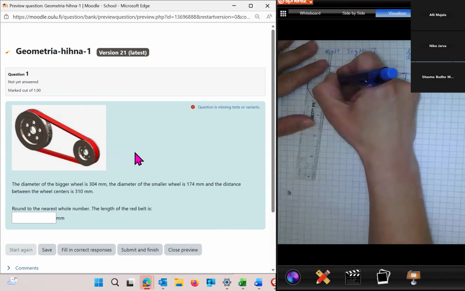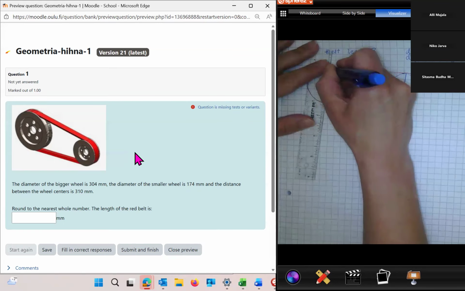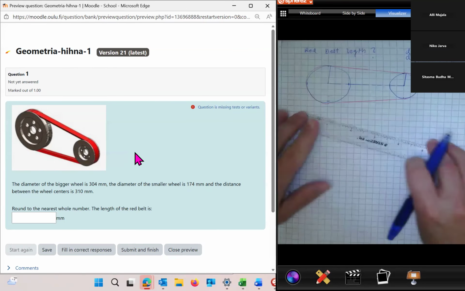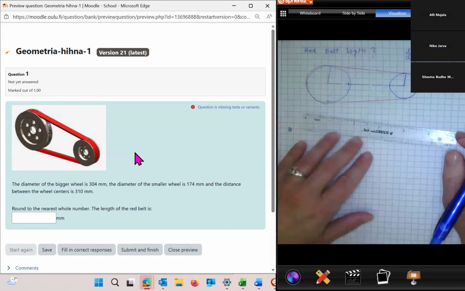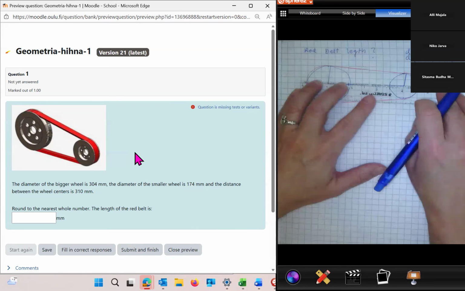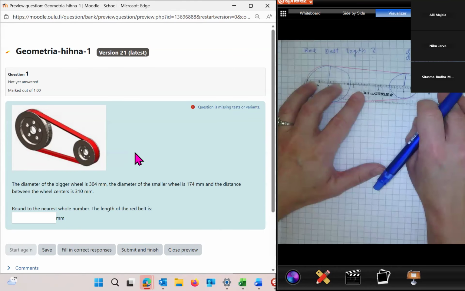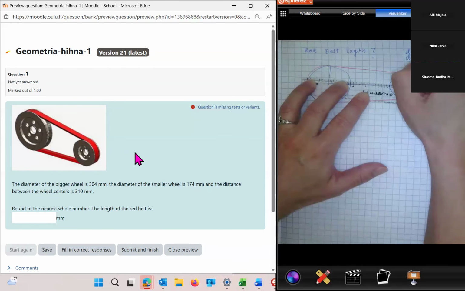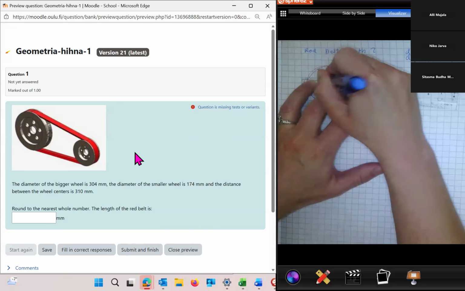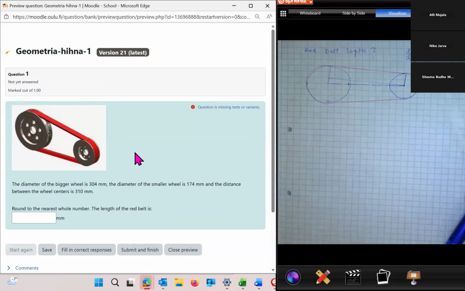So I can draw this radius here, and I can make it so that this is a rectangle. So there would be a rectangle there.